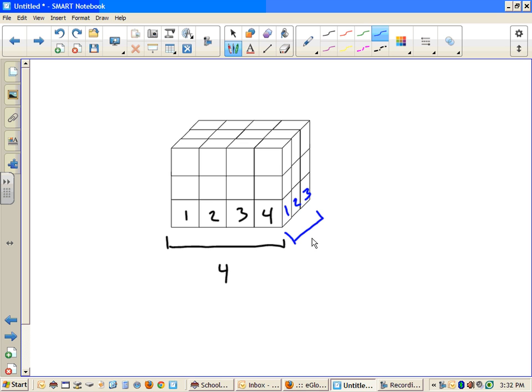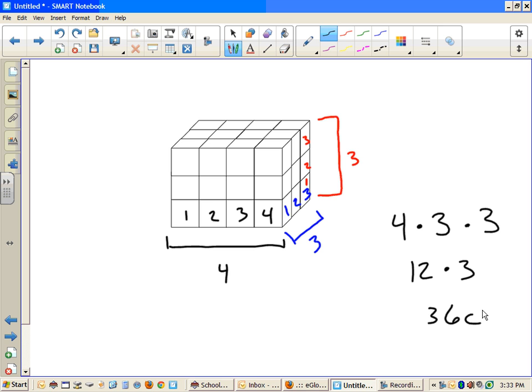Since repeated addition is multiplication, 4 times 3 times 3. Well, 4 times 3 is 12, and we already knew that the entire base was 12. And then 12 times 3 is 36 cubes cubed. 3 ways of doing it.